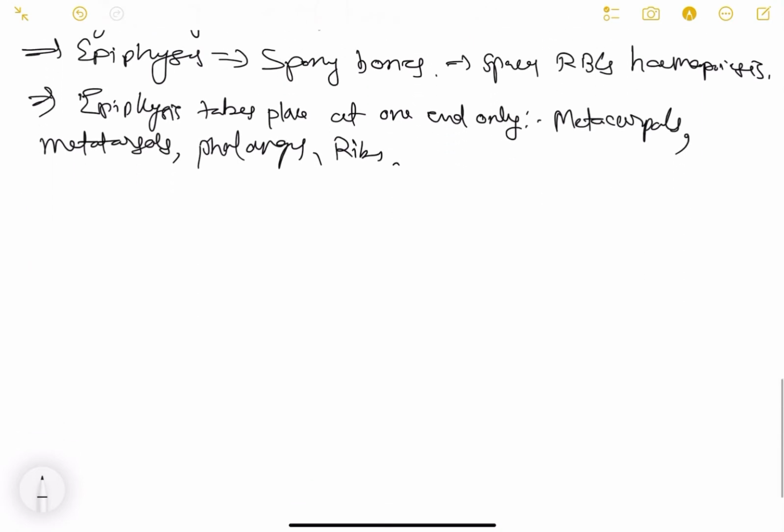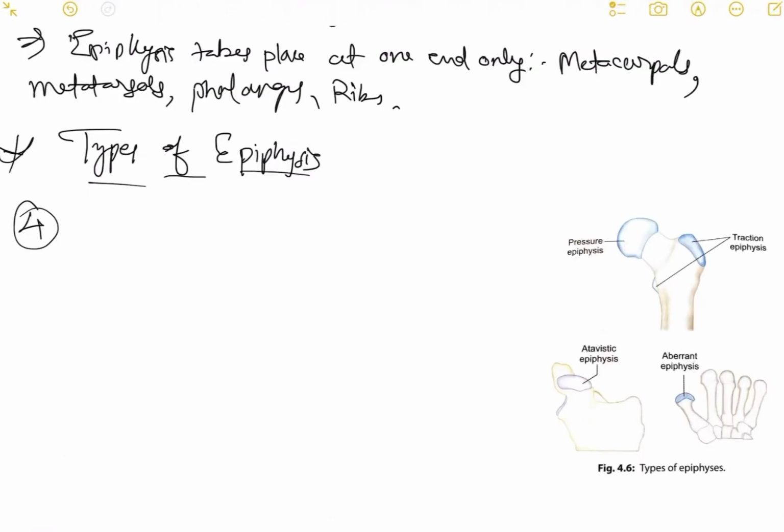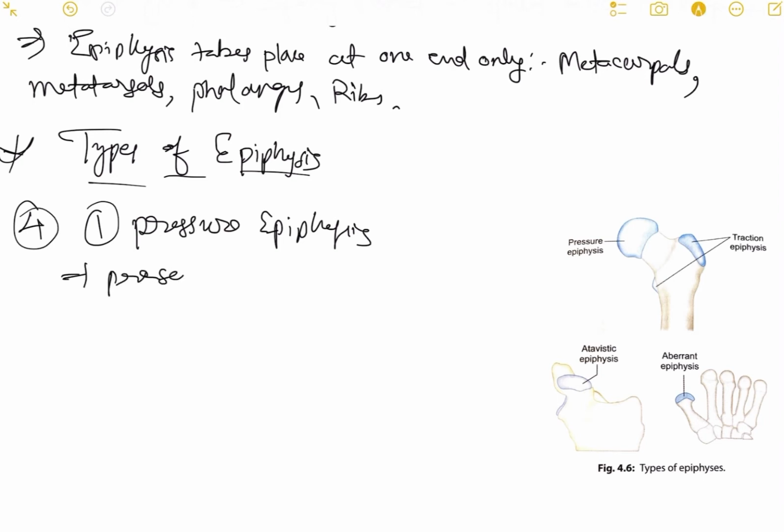Good. Now another topic, types of epiphysis. As I told, there are 4 types of epiphysis. So let us discuss one by one. First one is pressure epiphysis. This is present at the articulating surface of developing bone.